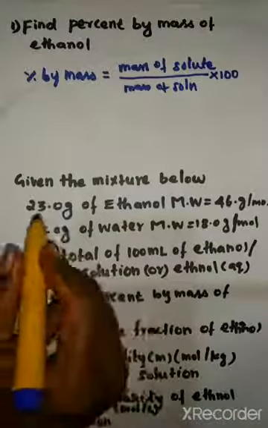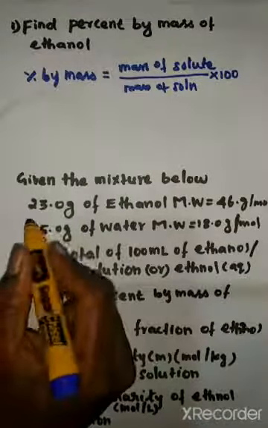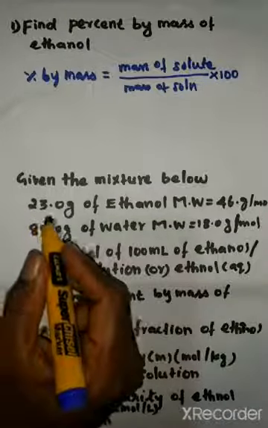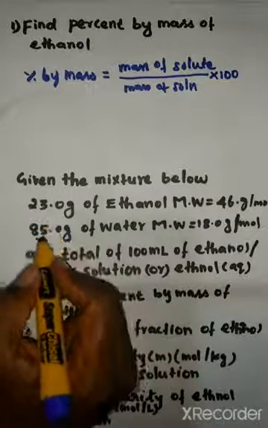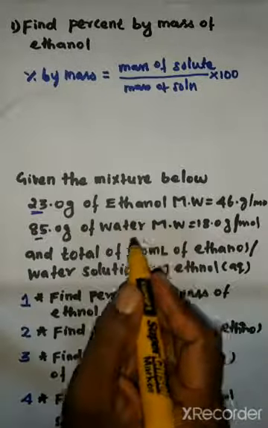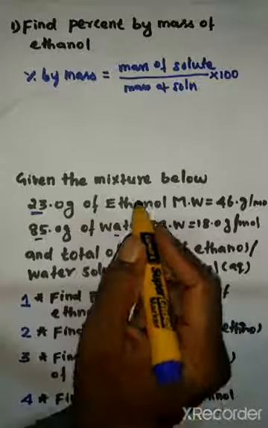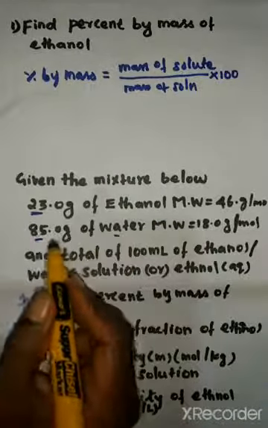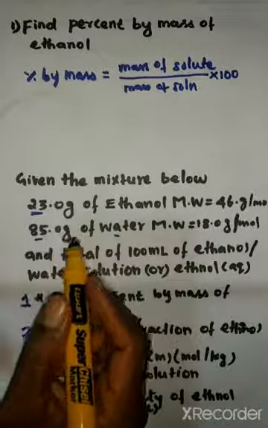Here if you take in the solution, lesser proportion is called solute and larger proportion is called solvent. So here the ethanol is present in the water, so ethanol is solute and water is the solvent.